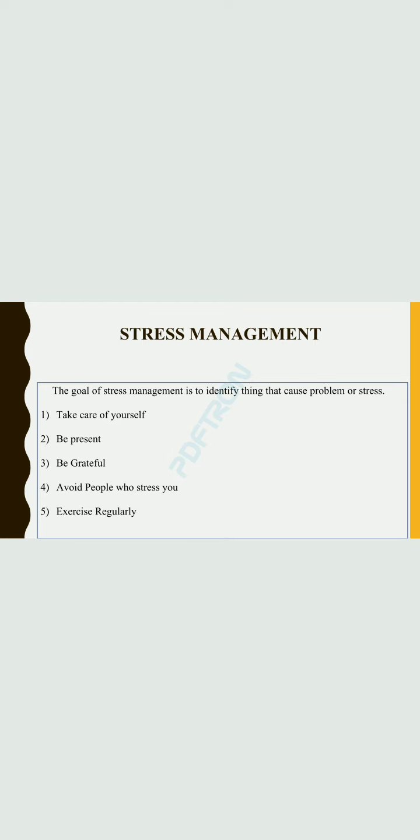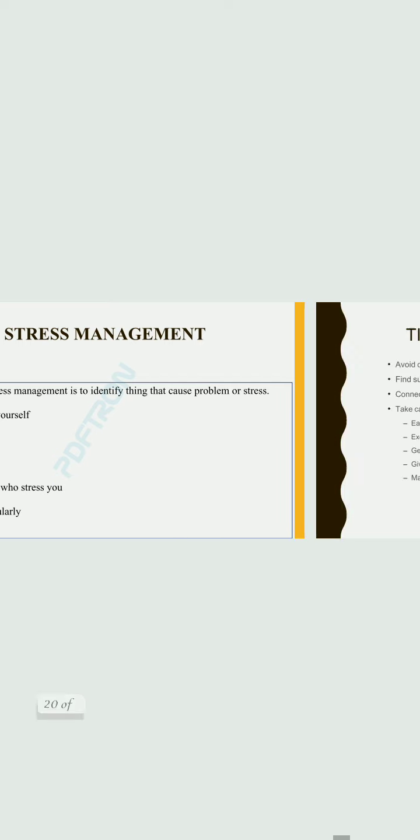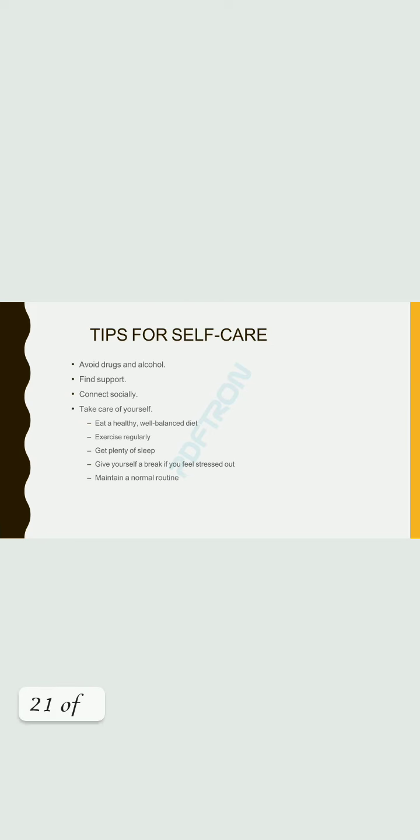Avoid people who stress you. For example, avoiding stressors. Exercise regularly. It may have a very positive impact on your mind. Tips for self care: avoid drugs and alcohol, drug addiction. Find support.